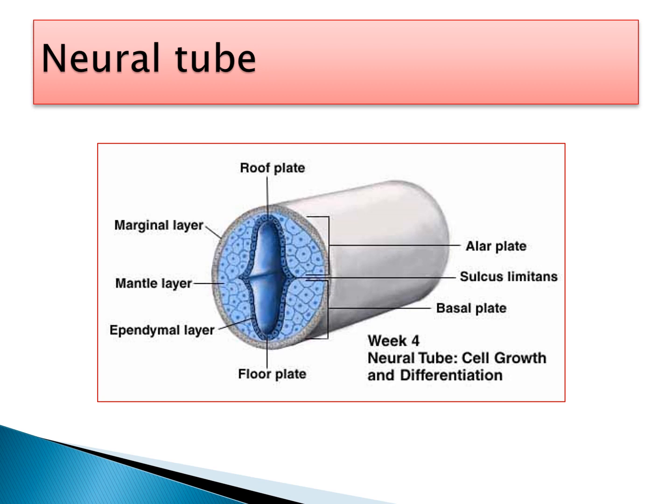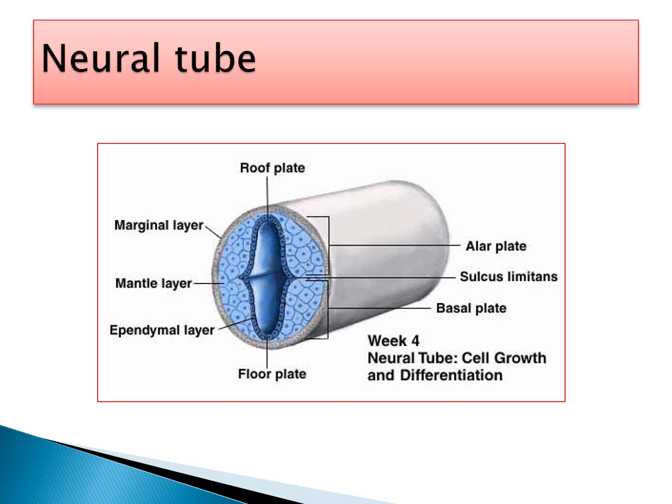It will have the roof plate and the floor plate. This mantle layer is again divided into alar plate and basal plate by the sulcus limitans. The basal plate contains the motor nuclei and the alar plate contains the sensory nuclei. If you know this, you can understand how these nuclei are present in this neural tube.